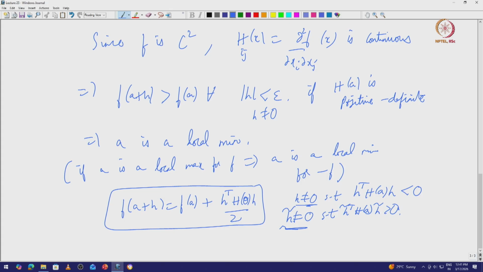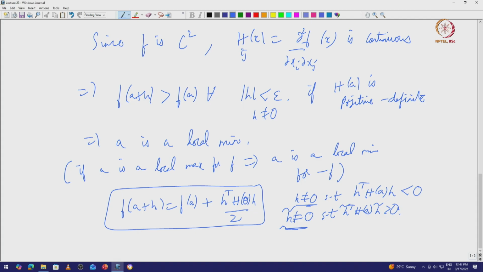So the point here is, first of all, if h of a is invertible, then h of theta is also invertible for all theta which lie in some epsilon ball around a. Why is that so?